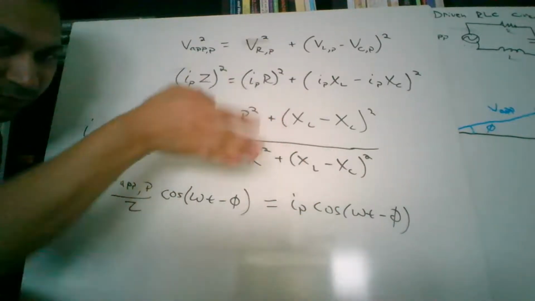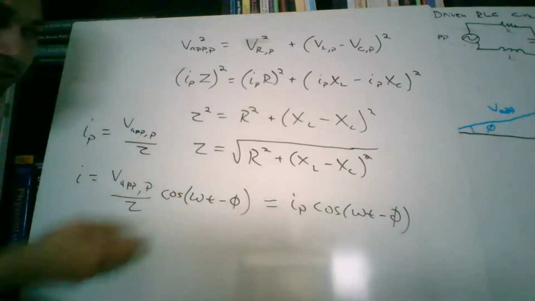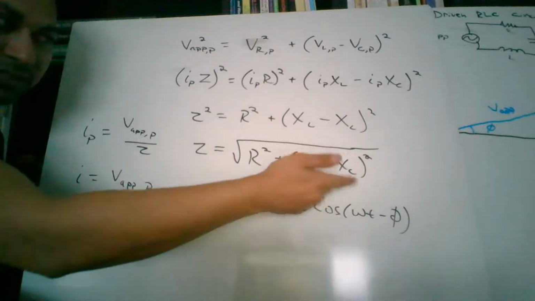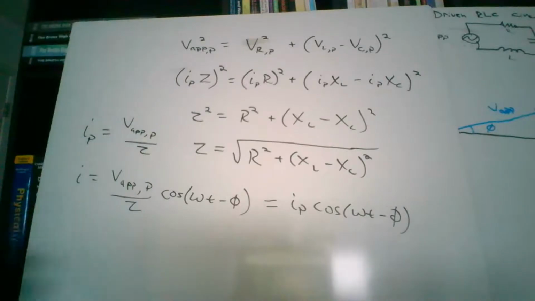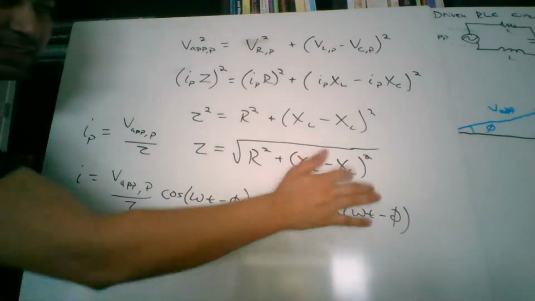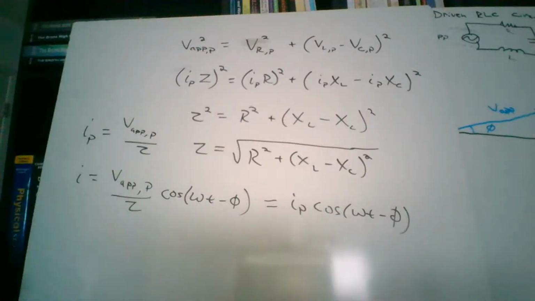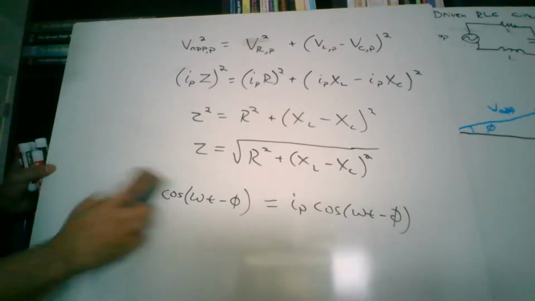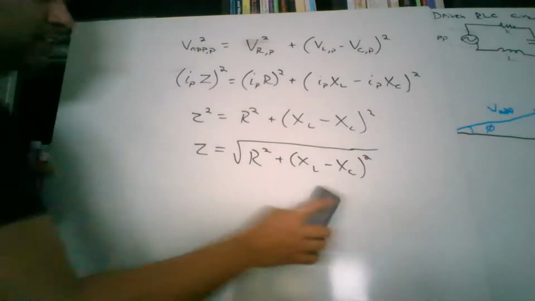So if the vector from the capacitor is much larger than the vector for the inductor, you could do capacitor above this, but it's going to be a negative value. But when you square it, it doesn't matter. What if XC is equal to XL? Then the impedance is equal to R, right? So what if the reactance of the capacitor is equal to that of the inductor? Let's see what happens.